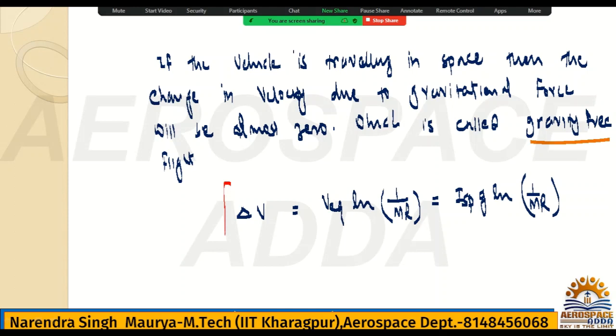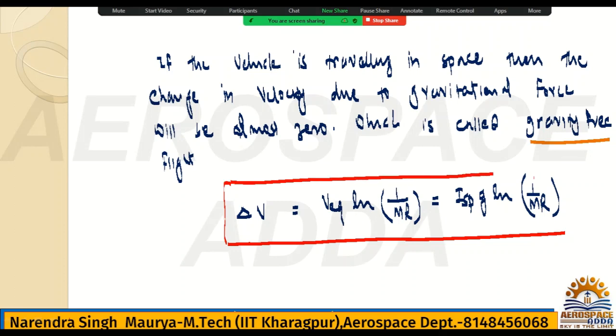And all the questions asked in GATE related to the rocket equation, or any exam, one day exam, HAL or any DRDO exam, rocket based questions they are asking based on this formula, okay? It is very important. And this equation is also known as the Tsiolkovsky rocket equation, okay? Let me write here.